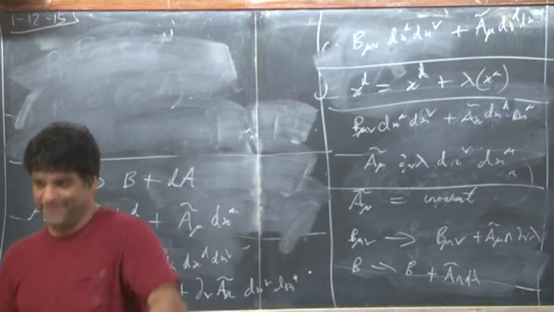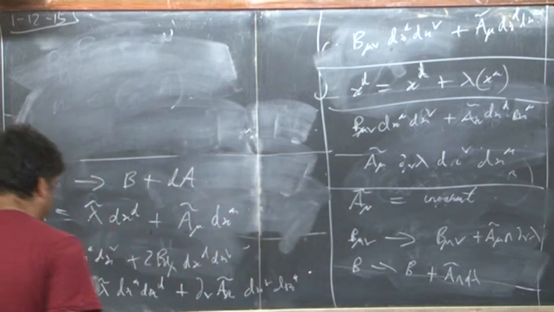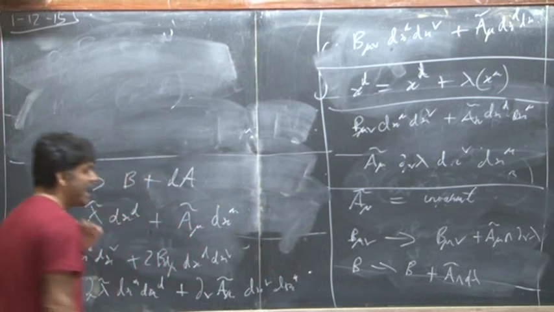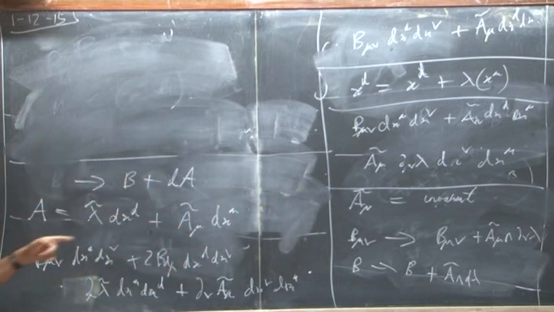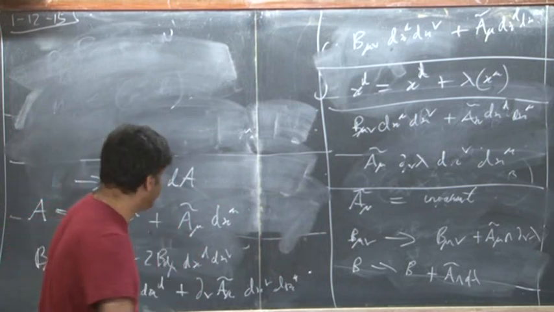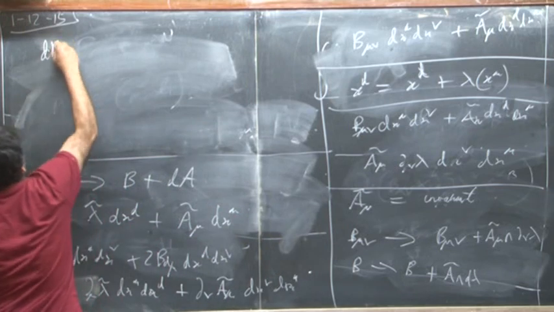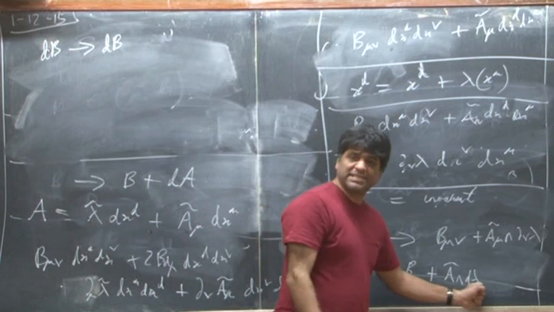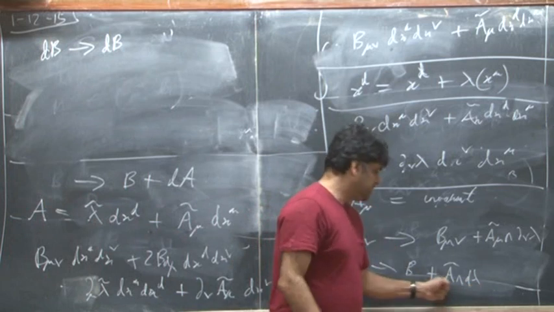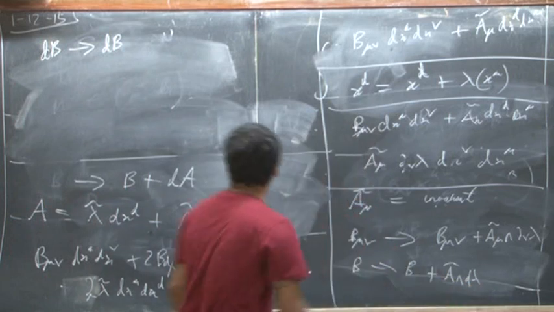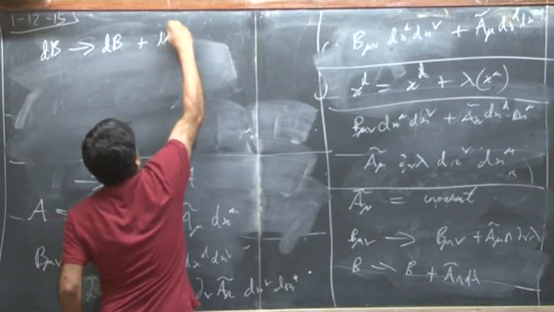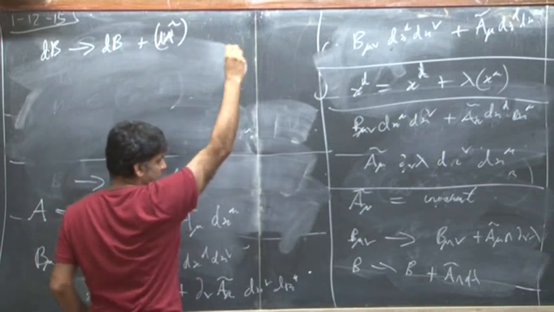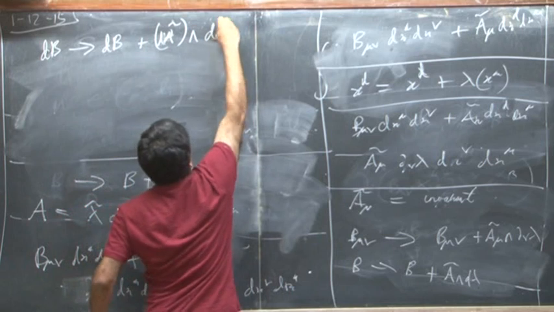Now everything is in the daughter space. So dB, how does that transform? We have dB goes to dB; d squared is 0, so we get a contribution purely from here, plus dA tilde, its field strength, wedge d lambda.